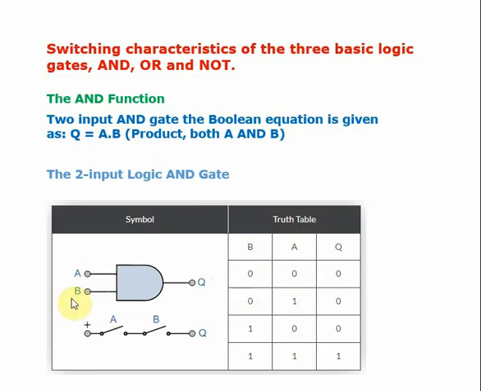Another thing you need to remember is that depending on the input, you will get the combinations here. For example, here there are only 2 inputs, right? So the base is 2, we know binary means base is 2. How do we calculate the combinations? 2 to the power 2, so there will be 4 combinations.